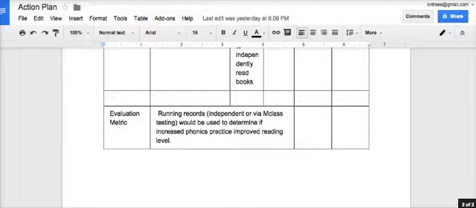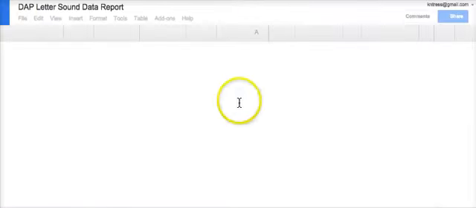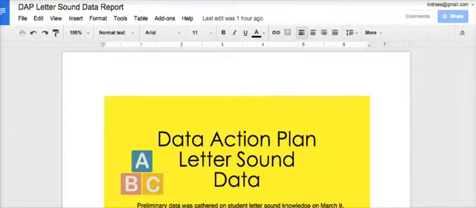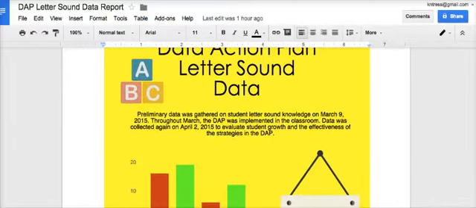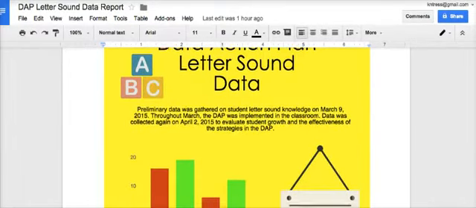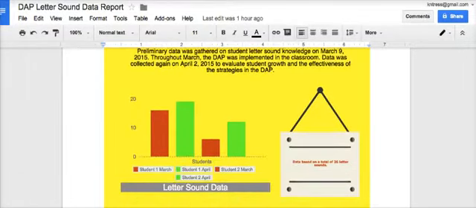After our implementation period, we looked at end of implementation period data to determine the effectiveness of our action plan. For my students, that was letter sound data. Preliminary data was taken in March. It was taken again in April to determine student growth and the effectiveness of our strategies.